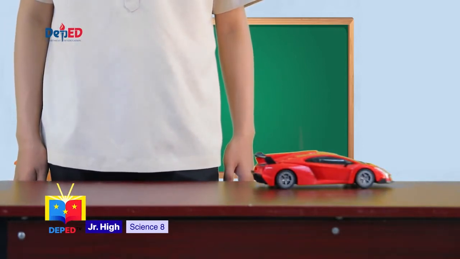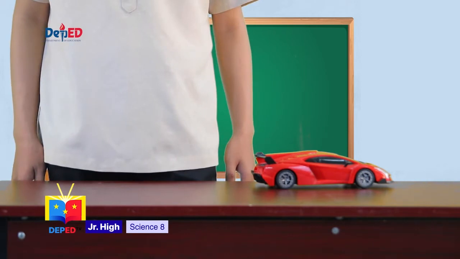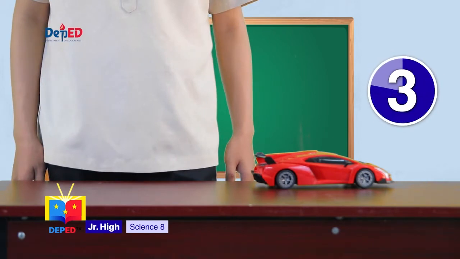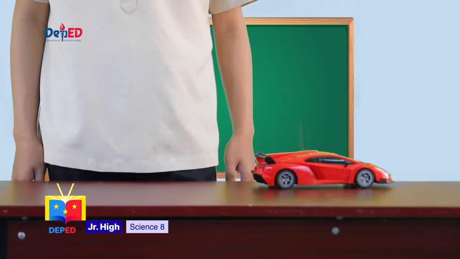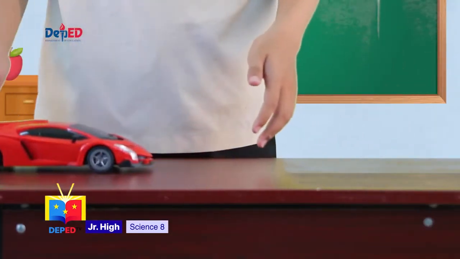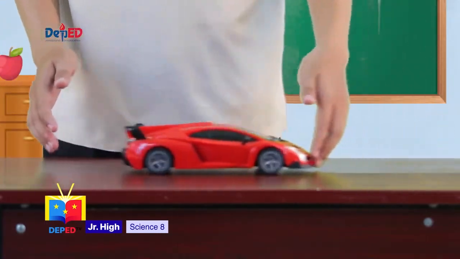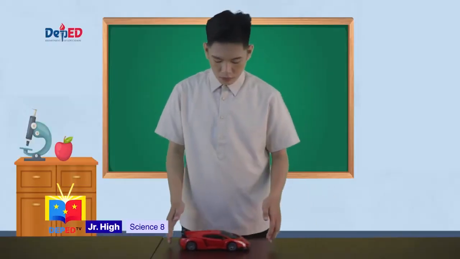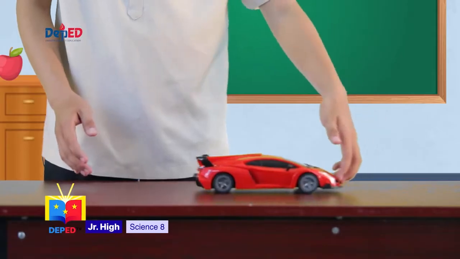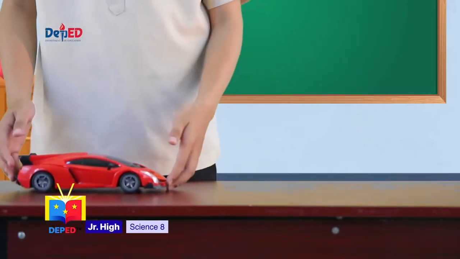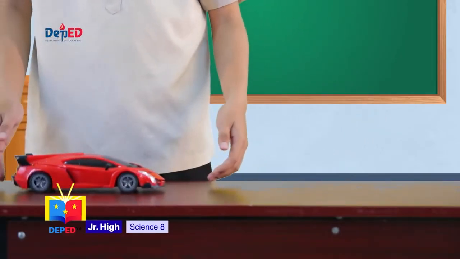Now, how do we stop the toy car from moving? We have to apply a force which is opposite to the direction where it is going. You have observed that the toy car moves once you push or pull it. This is because of the force applied on the object.